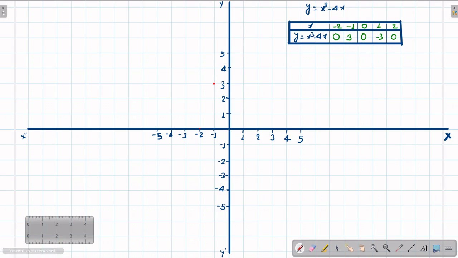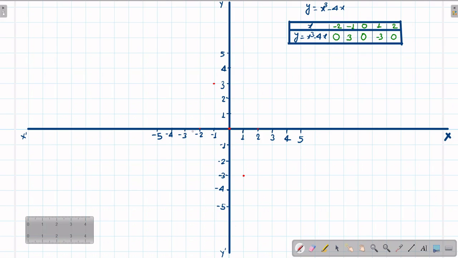The next point is 0, 0, so this is our next point. And 1, minus 3 is the next point, so 1 in the x direction and minus 3 in the y direction, so this is the point. Then next is 2, 0, so 2 in the x direction and 0 means this is the point.